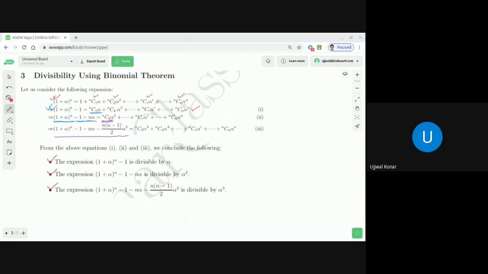So what I'm saying is, let me also write it down here. If n is any positive integer, so that 2 to the power 3n plus 3 minus 7n minus 8 is divisible by 49.